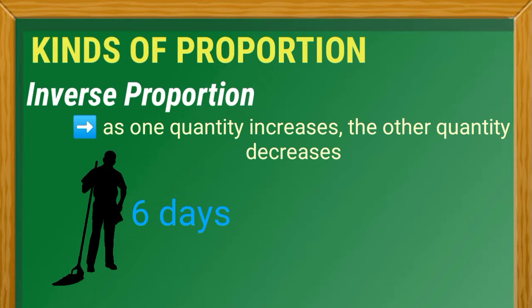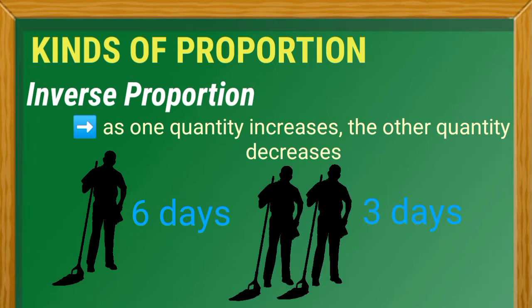So the owner decided to hire 2 persons so that it will be finished in 3 days. It takes 6 days for one person, and it takes 3 days for 2 persons. As the number of persons increases, the number of days to finish cleaning becomes lesser. So this is an example of indirect proportion.